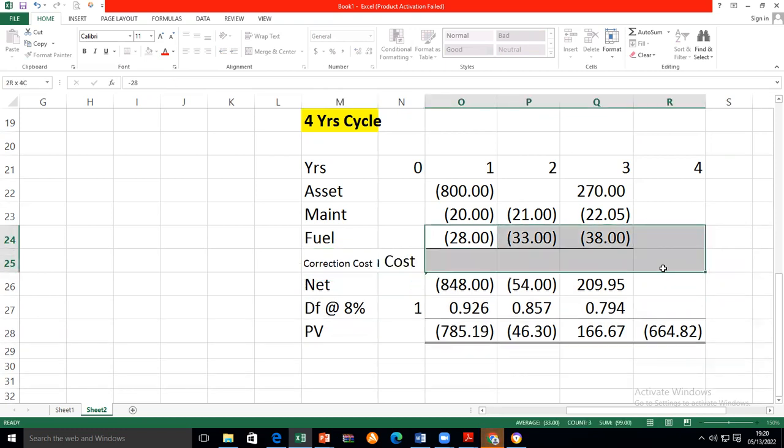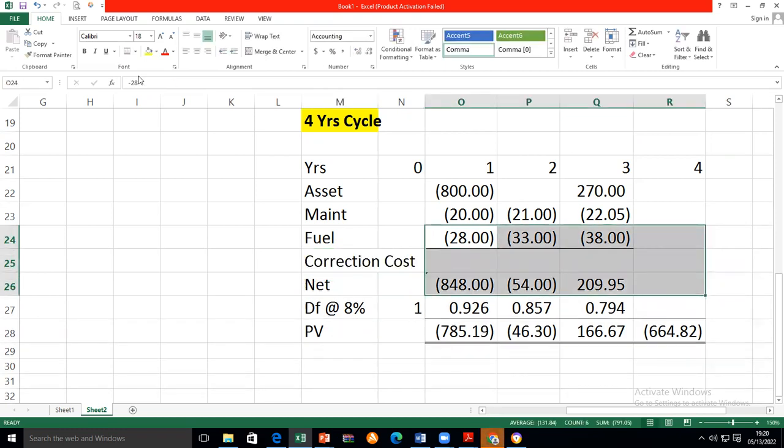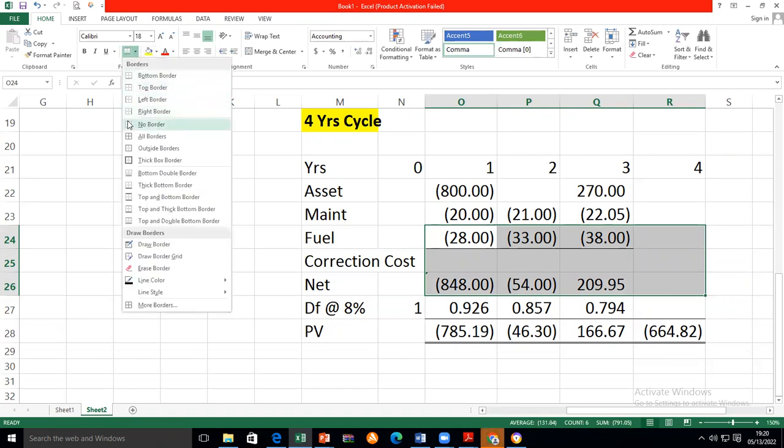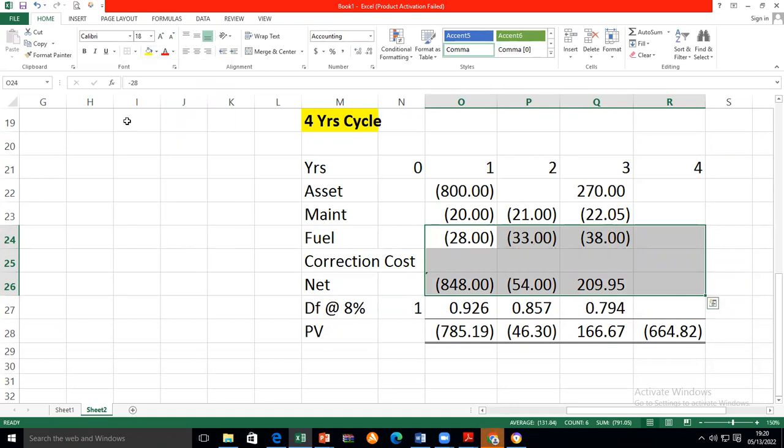From the information given, this correction cost, when is it going to be paid? In the 4th year. Let's be very careful there.